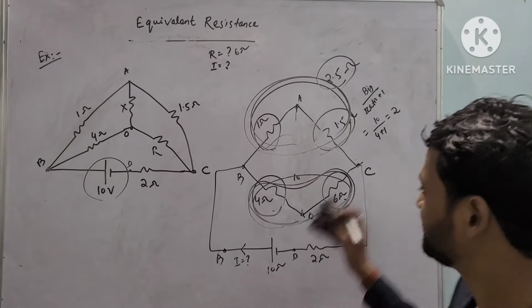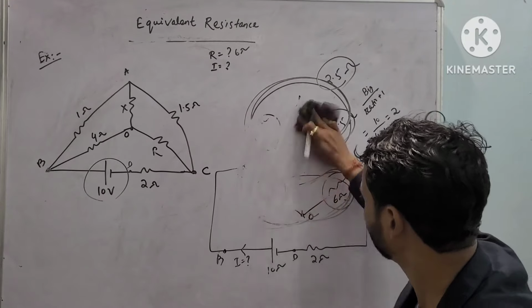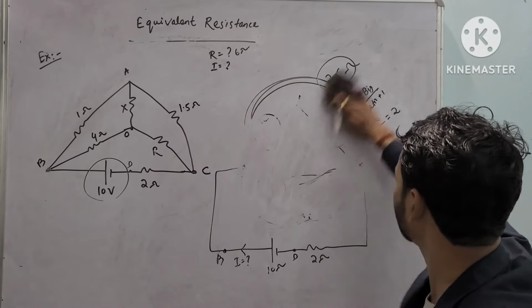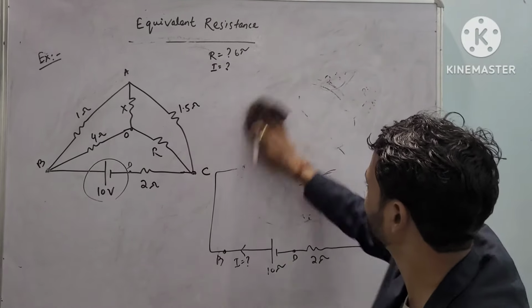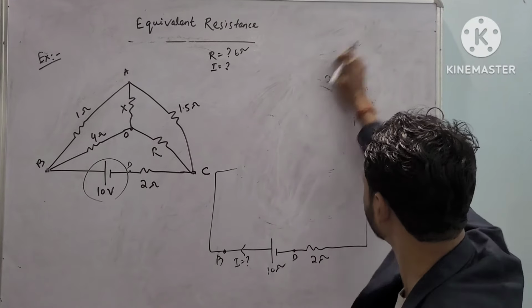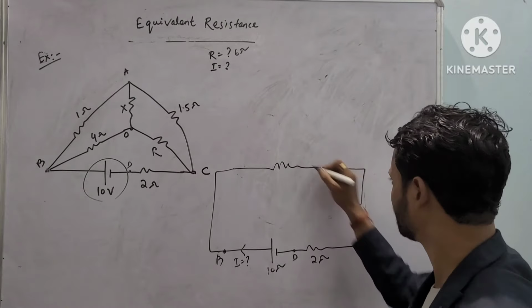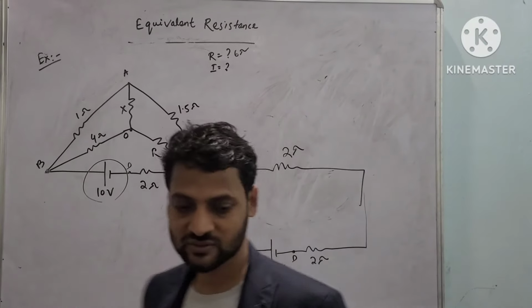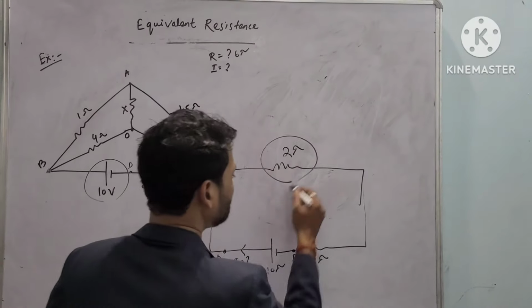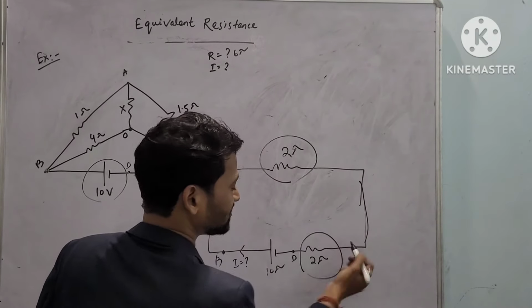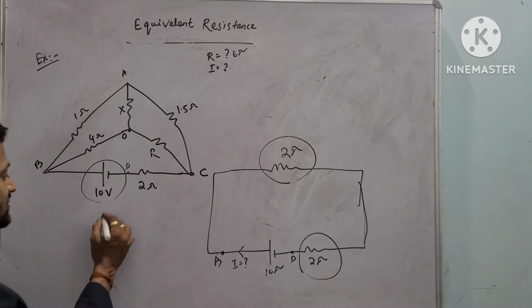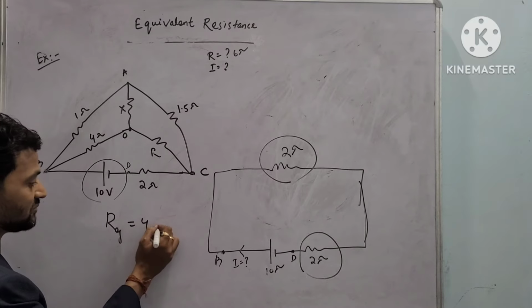So I can replace this entire part with a single resistance of 2 ohm. Now this 2 ohm and 2 ohm are in series, since there is no junction over here. So equivalent resistance is 4 ohm.